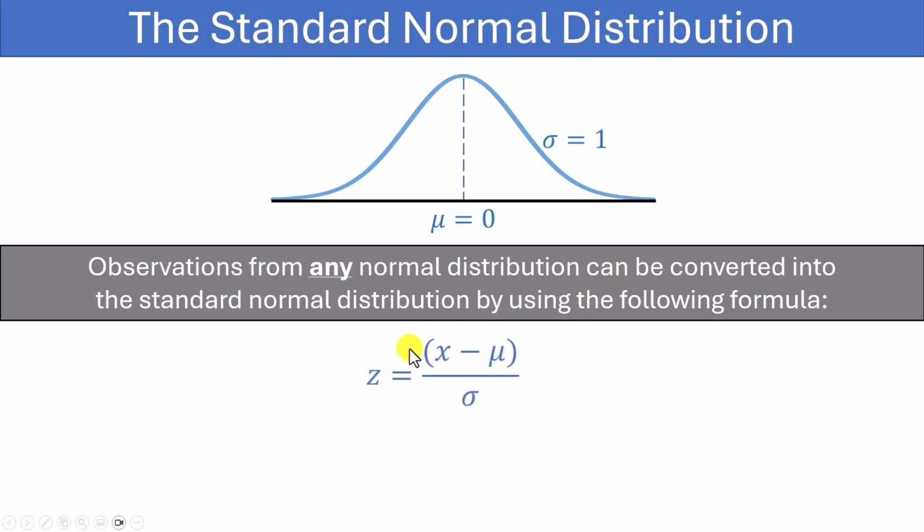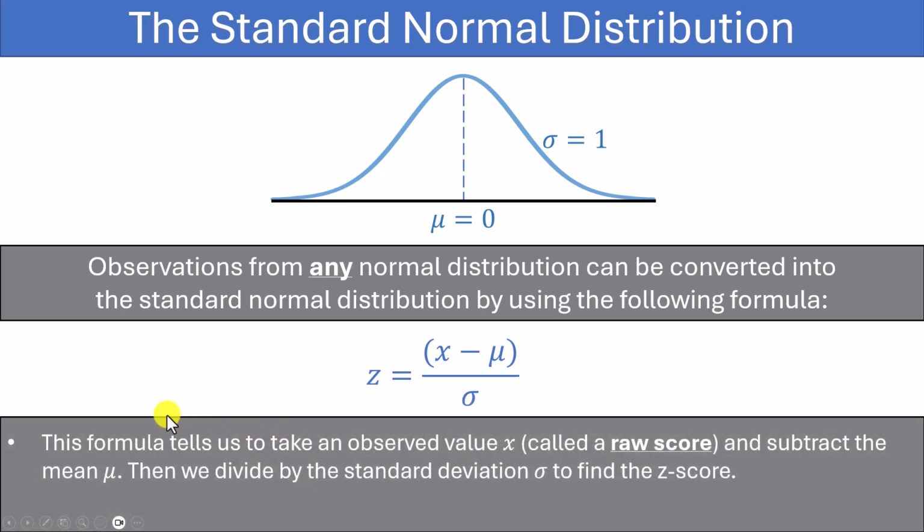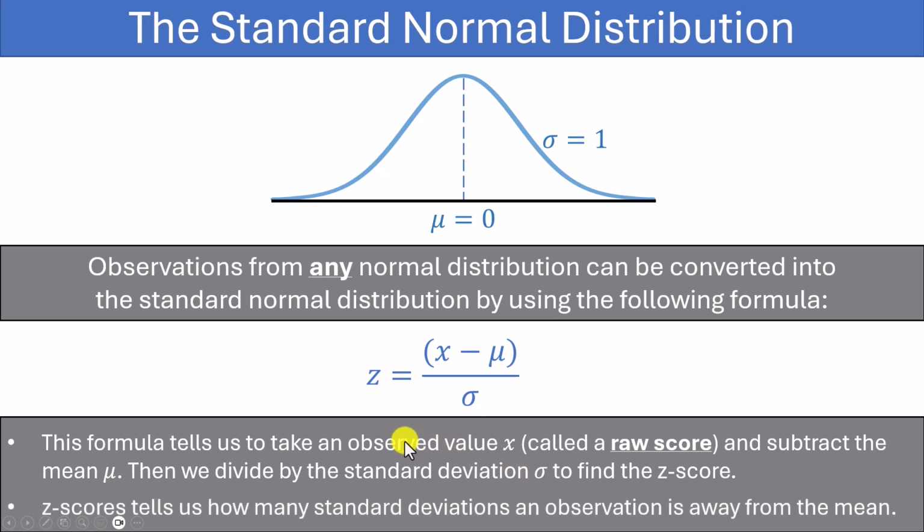We will take the corresponding raw score, or X value, subtract the mean of the distribution, and then divide by the standard deviation. Here, this is described in words. This formula tells us to take an observed value x, called a raw score, subtract the mean, and then divide by the standard deviation. This will tell you how many standard deviations the original observation is away from the mean.